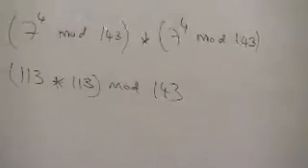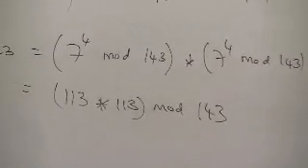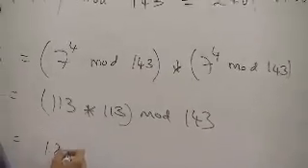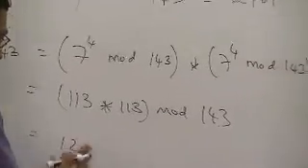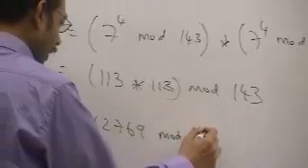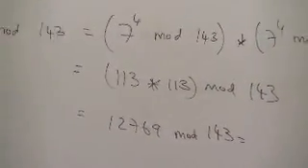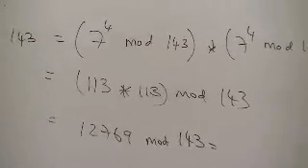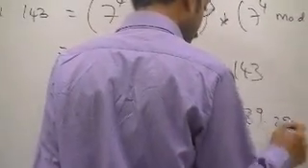Somebody should quickly do it and tell me the answer. 12,769. Okay, mod 143. So 89.29 something, so now it is going to be the remainder.